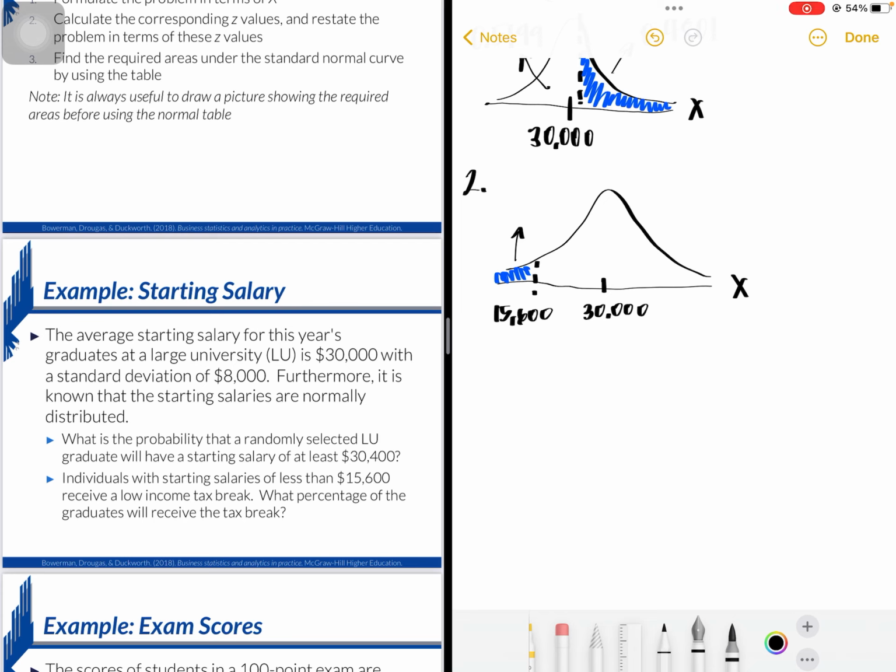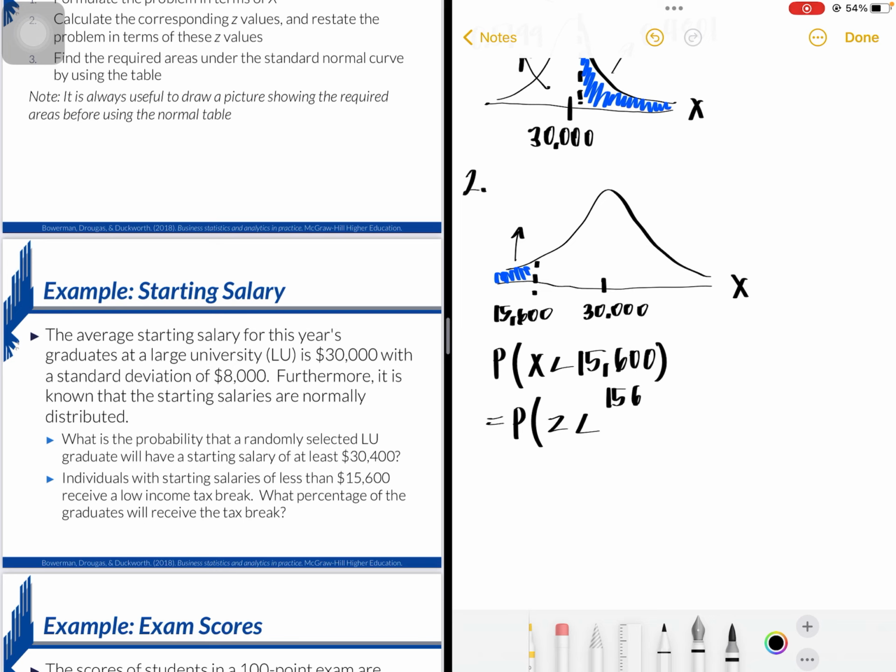So in other words, the problem is asking for the probability that the salary, or X, is less than 15,600. So the next step again is to convert this to Z. So we use the same formula.